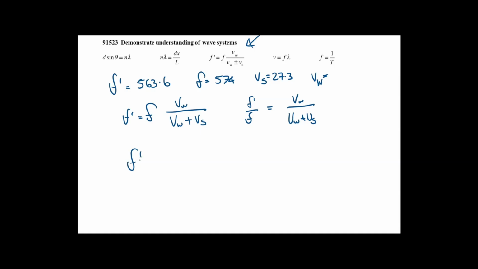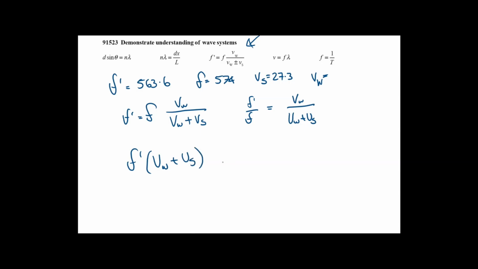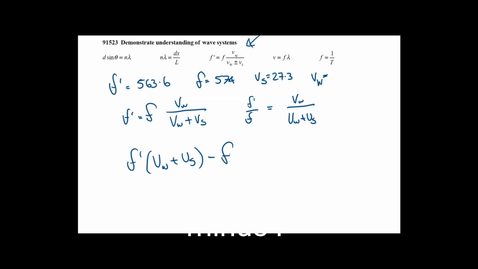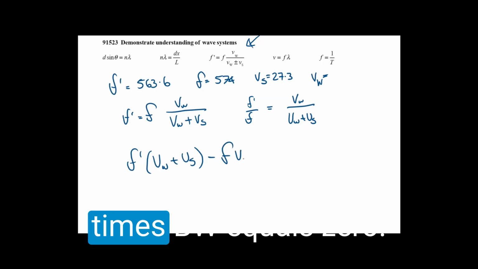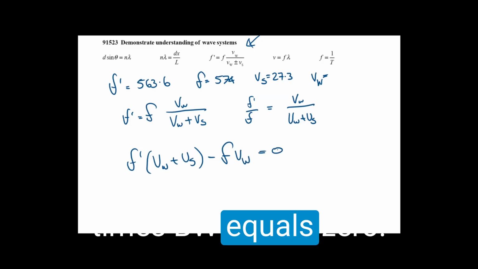So F dash times (VW plus VS) minus F times VW equals 0.